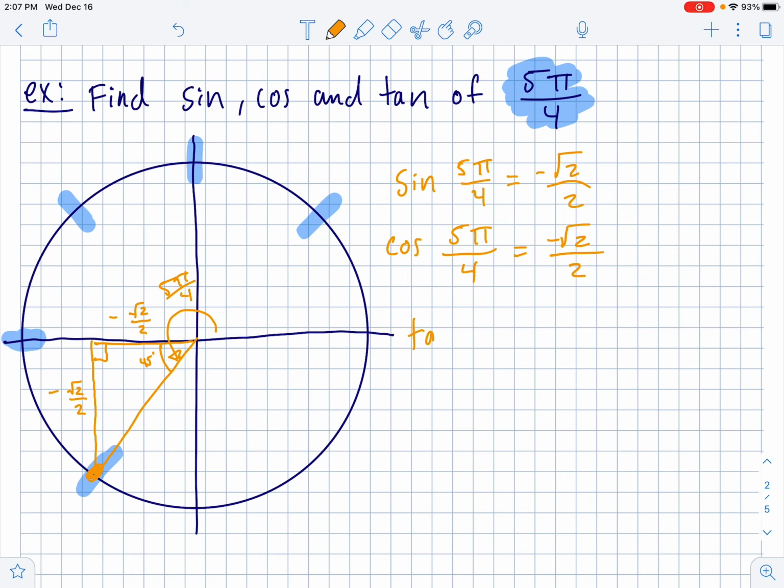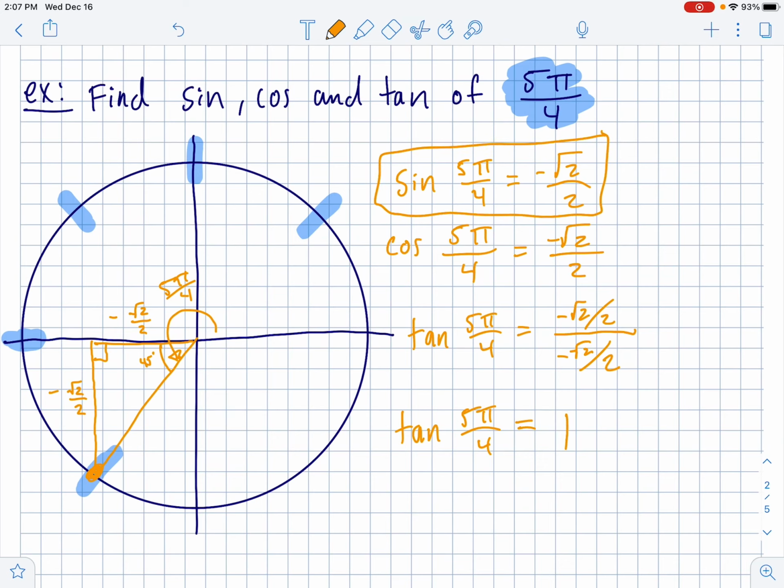And then tangent of 5 pi over 4 is going to be sine over cosine, so negative root 2 over 2 all over negative root 2 over 2, which is just the same thing, so tangent of 5 pi over 4 is 1. So here's our answer. The sine is negative root 2 over 2, the cosine is negative root 2 over 2, and the tangent is 1.